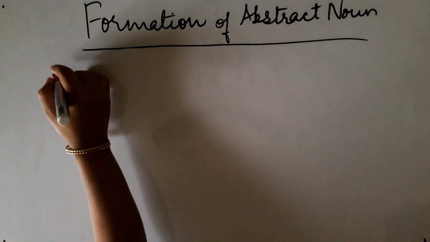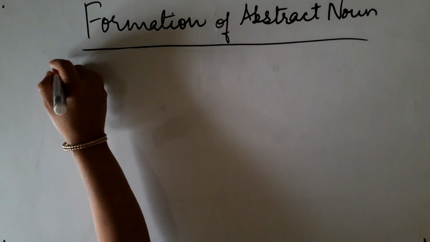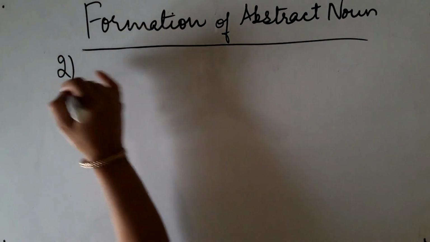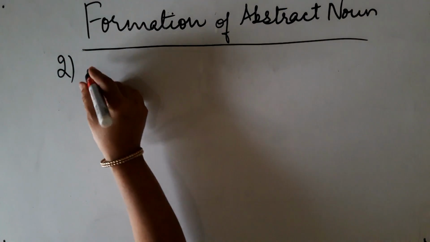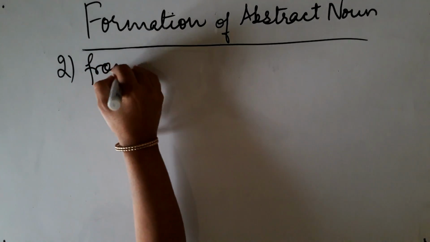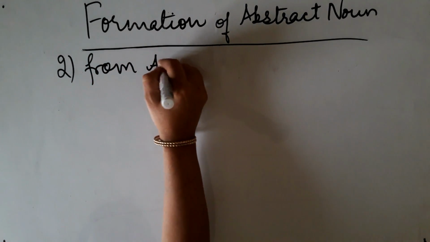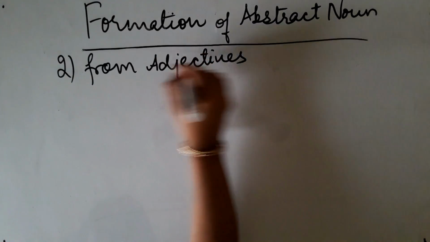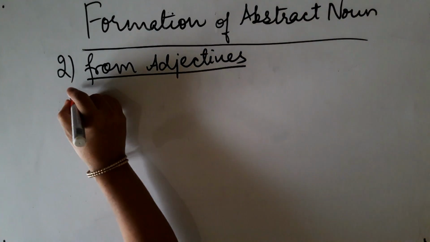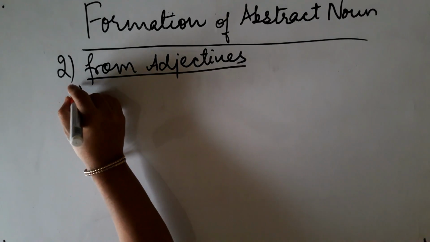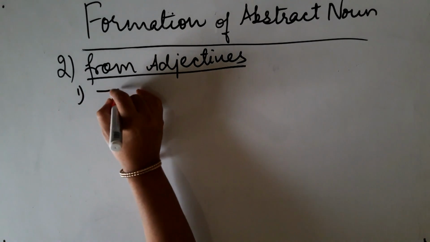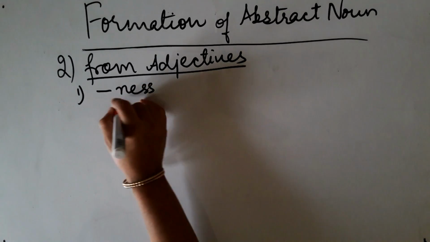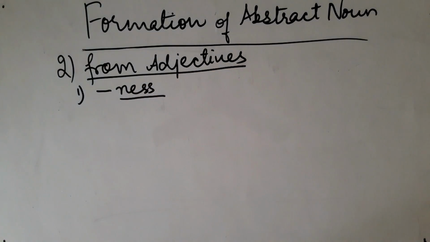So the next way of changing words into abstract nouns is from adjectives. We have completed verbs and now we will see how we can change adjectives into nouns. Here we come across the first type, where we simply add NESS to the adjective.